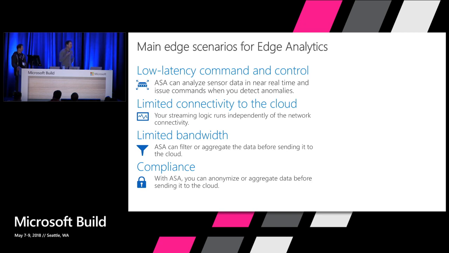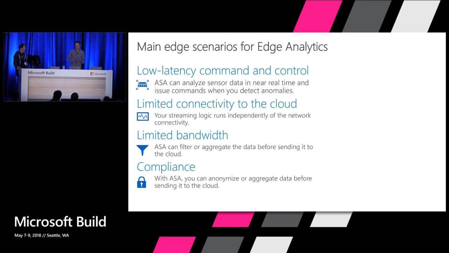So with limited bandwidth, you need to aggregate, filter, and only send the right information to the cloud, probably not all the noise. You can do that with stream analytics. When you think about a connected car or manufacturing robots, it's at least 10 megabytes per second. So just the cost of this transmission could be a lot for some scenarios.